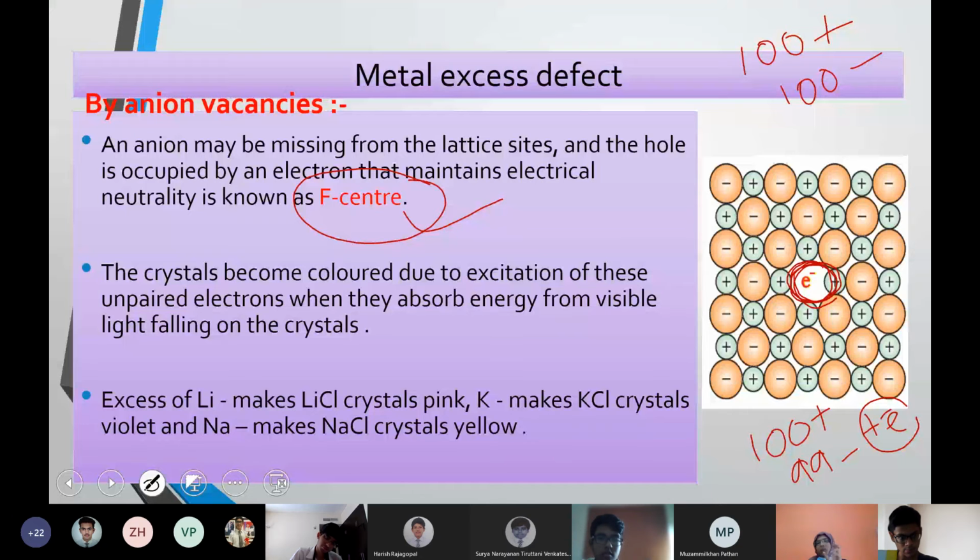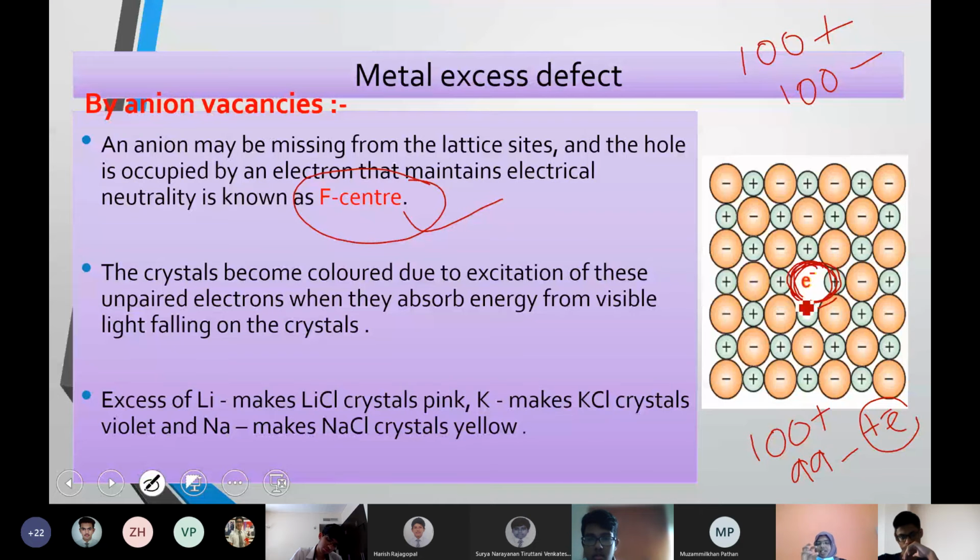So what is happening during heating? What happens when you're heating such kinds of crystals or ionic compounds? Excitation happens with the electron. Because unlike a positive and negative ion, now you have an electron in a vacant space. So when you give energy, this electron will take energy and undergo excitation.